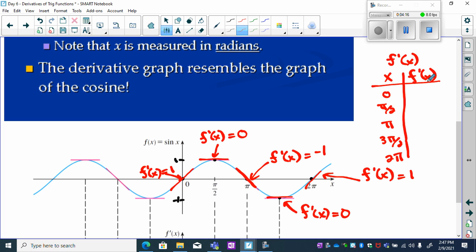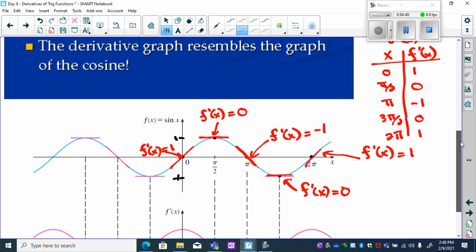Now, let's see. What was the derivative equal to when x was 0? Well, here's where x equals 0, and I said the slope of that line was 1. When x is pi over 2, what's the slope of the tangent? Not the y value, not 1, but rather what's the slope of that tangent line right there? We said it was 0. At pi it was equal to -1. At 3 pi over 2 it was back to 0. And at 2 pi it was back to positive 1.